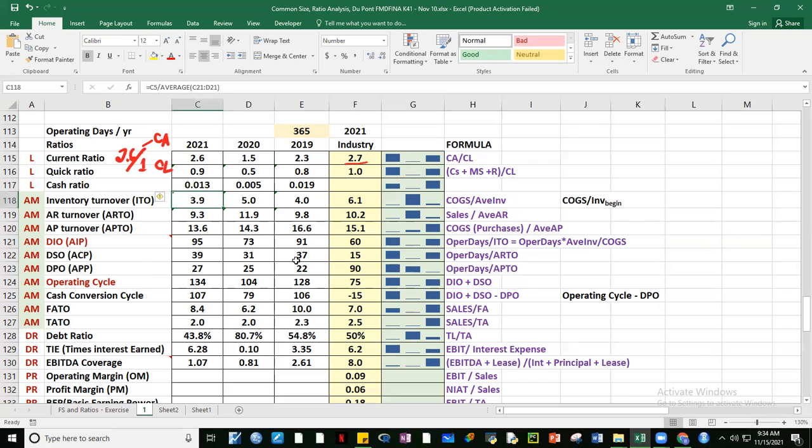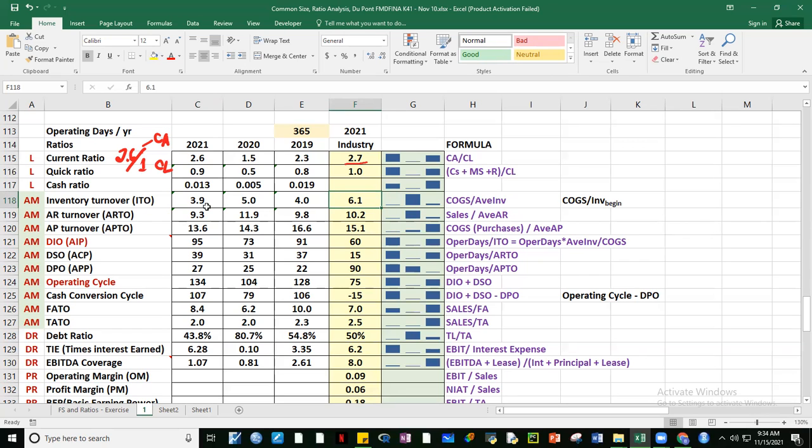3.9 times means the company is able to buy raw materials, convert to finished goods, and then sell 3.9 times a year. How does that compare with the direct competitor? We pale in comparison kasi ito 6.1 times. The higher the ITO, the better, because that's the velocity the company is able to sell its goods, its finished product. 6.1 times.